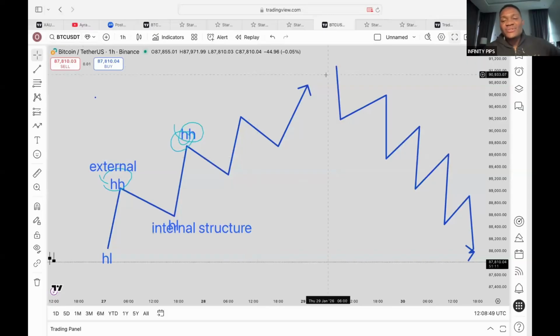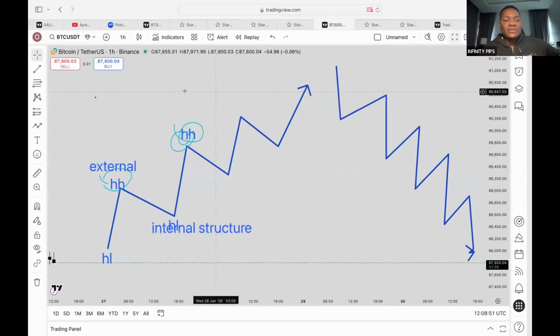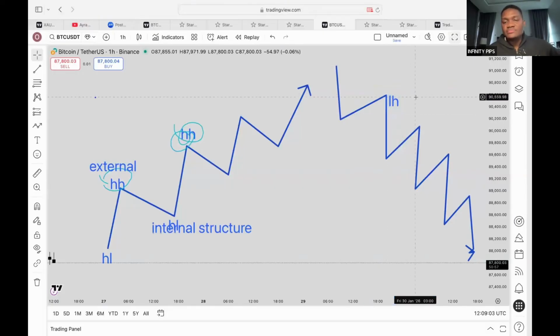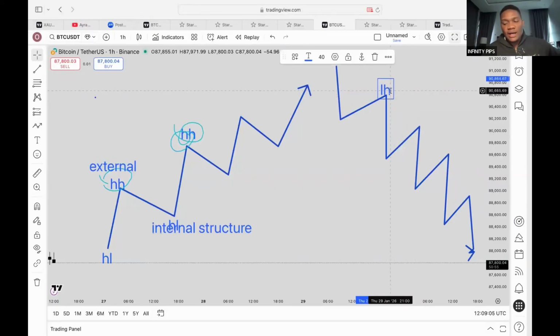Anyways, when we look at here, here are our lower highs. Lower high, lower high, lower high, lower high.